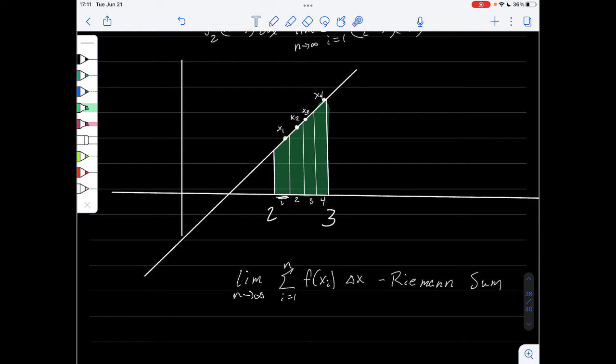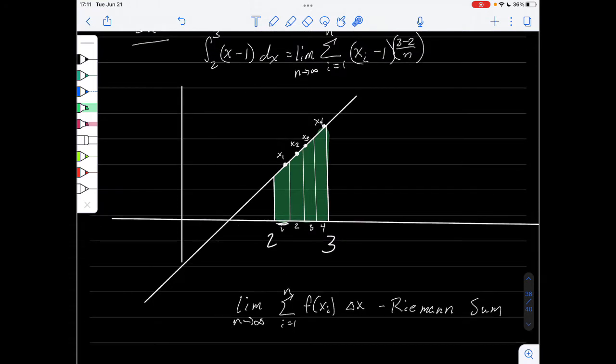It's called the Riemann sum because of Bernhard Riemann, who actually developed this method for finding areas. He was important enough to have this named after him. So that's the Riemann sum, and the idea here is that x sub I is just anywhere in this interval.